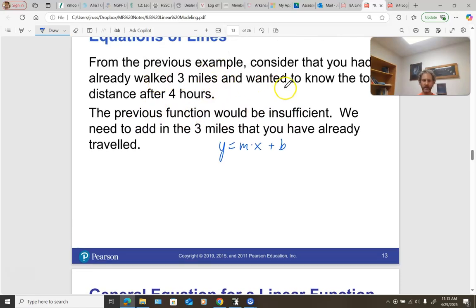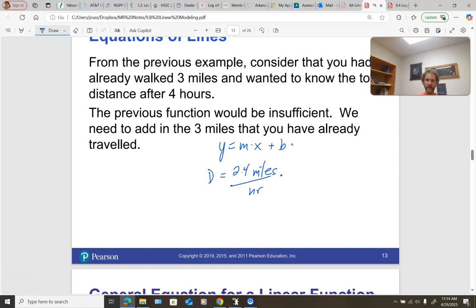So let's look back at this example. We need to add the 3 miles that we've already traveled. Okay. So the process is going to be very similar. The total distance is still going to be equal to the rate, which is 2.4 miles per hour, times the time.